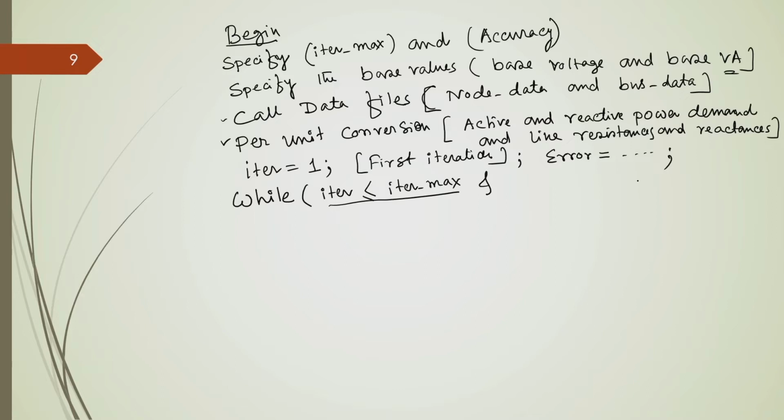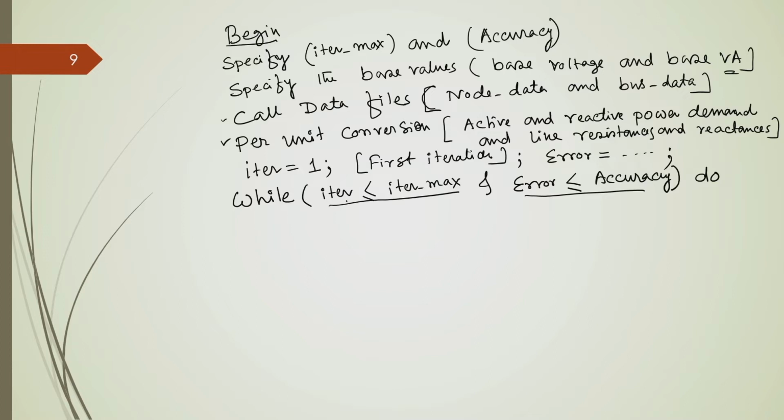Then you check whether the error goes below a certain accuracy value. This is the second termination criteria, which is called the convergence criteria. And if both the conditions are satisfied, then you perform the next procedure.